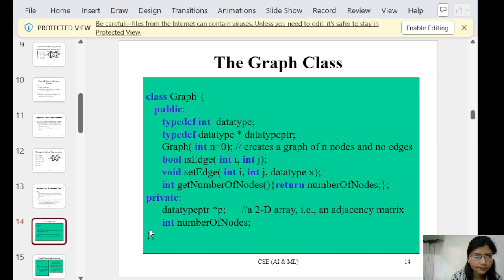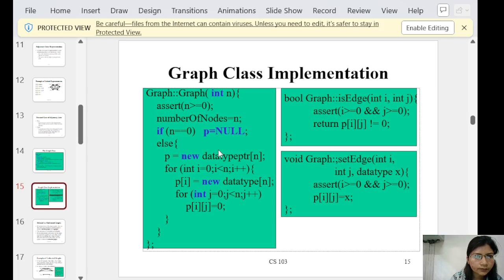Graph class. This is the graph class. Public typedef int data type, then typedef data type pointer, we represent as a pointer. Graph int a equals 0. This is the form of the graph class representation. Graph init insert n greater than or equal to 0.